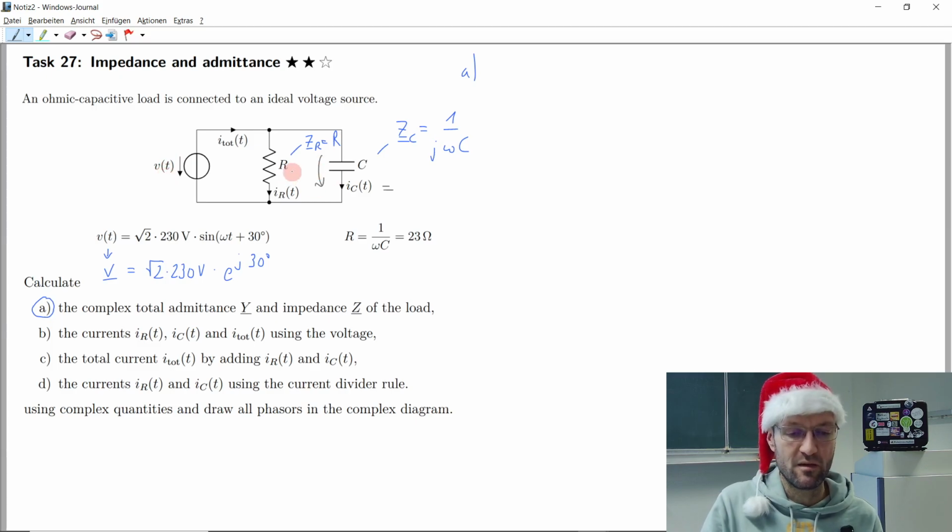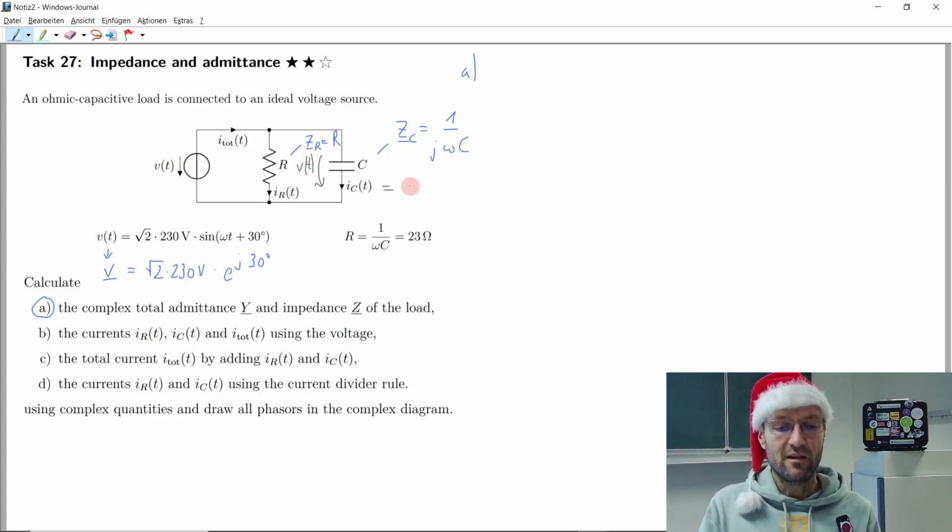So here we have the same voltage V of t as is given by our source. If we have this voltage, how could we calculate the current at some capacitor? C times the derivative of U.